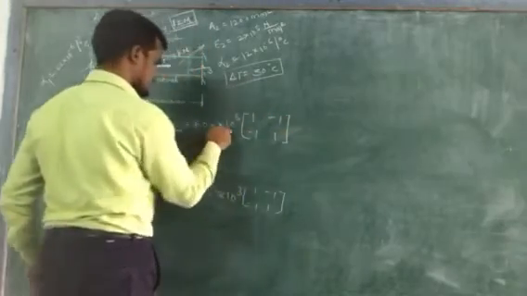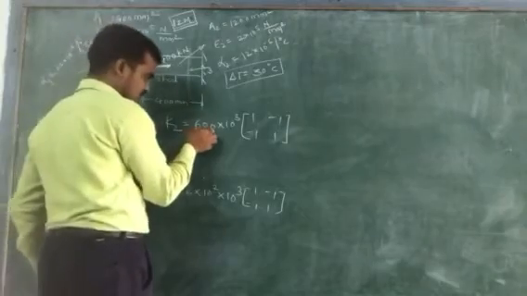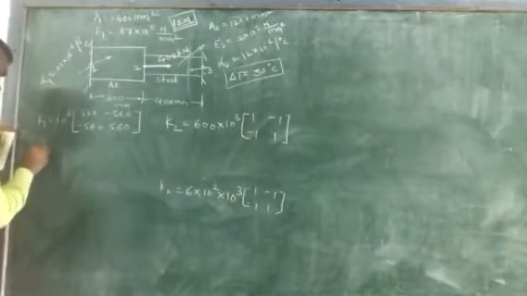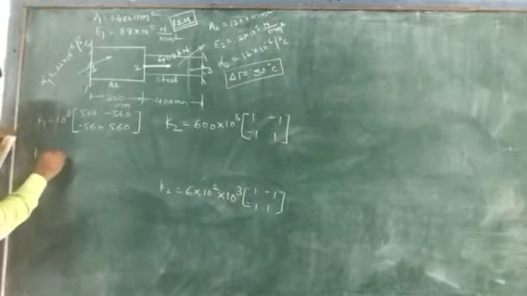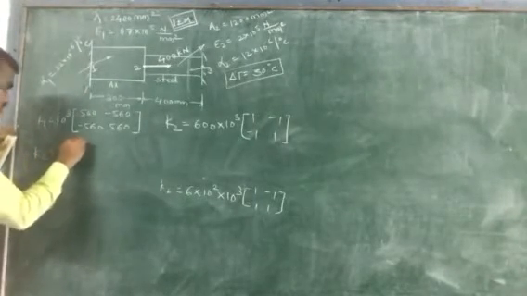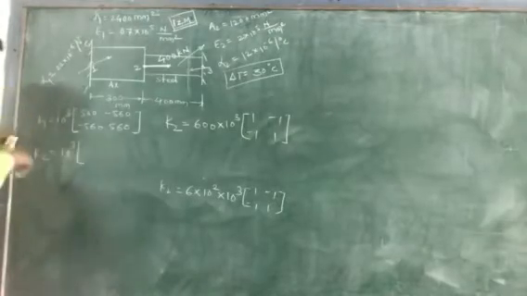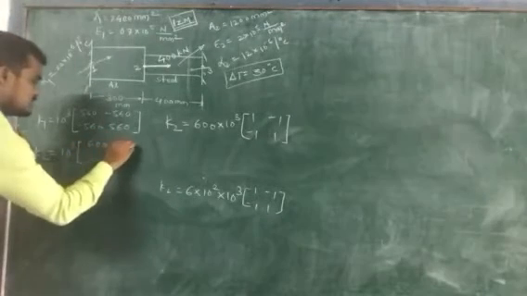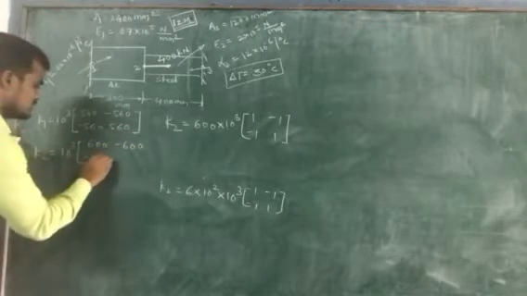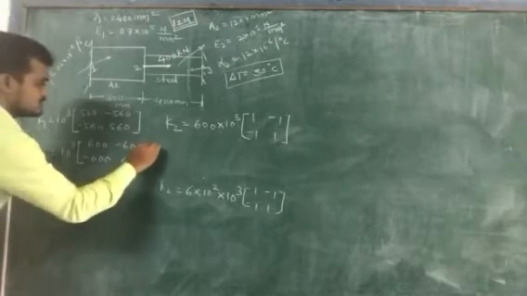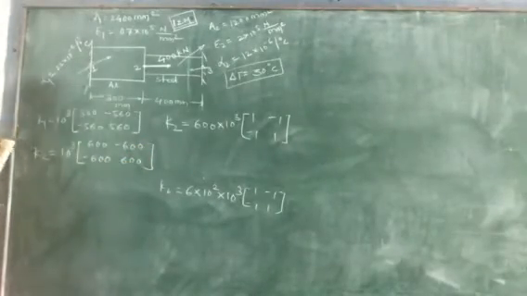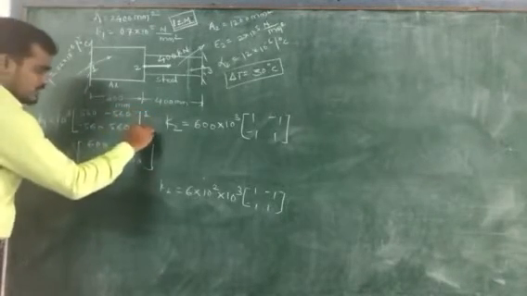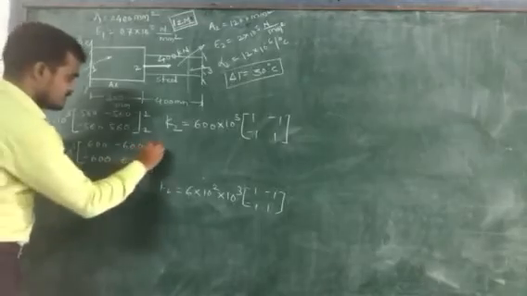Okay, to get this 10 raised to power 3 common, multiplying this 600 to this matrix, you will get K2 as 10 raised to power 3 common, 600 minus 600 minus 600 and 600. Okay, so this is the second element. First one is in between node 1 and 2, and second one is between node 2 and 3.